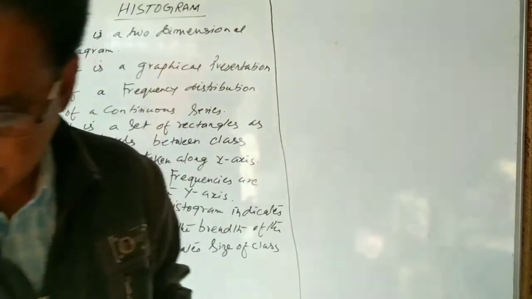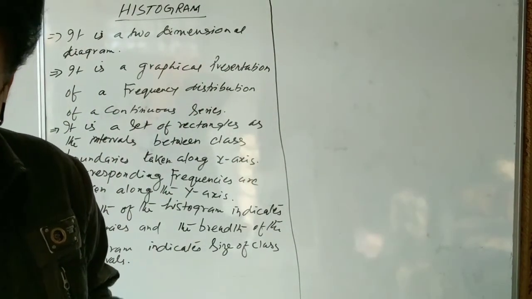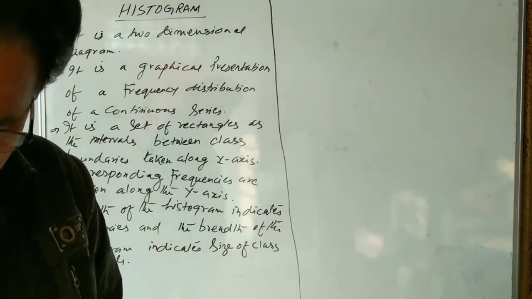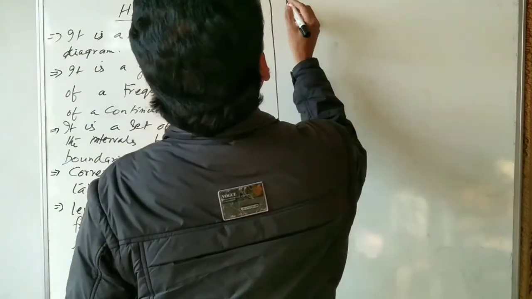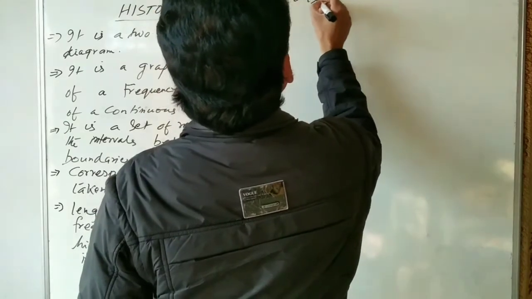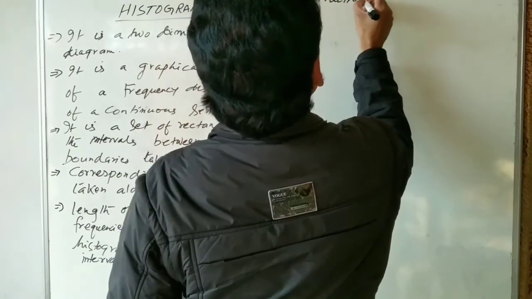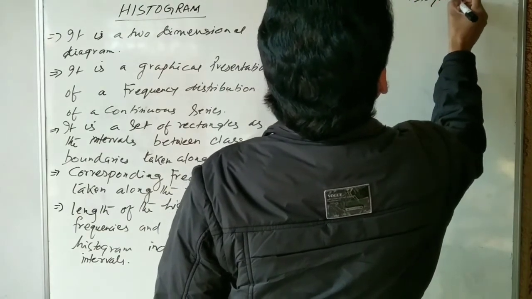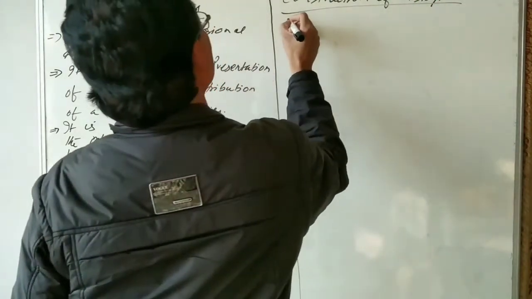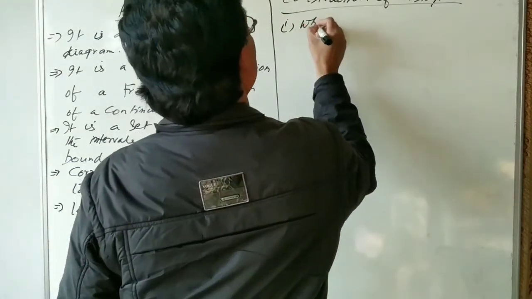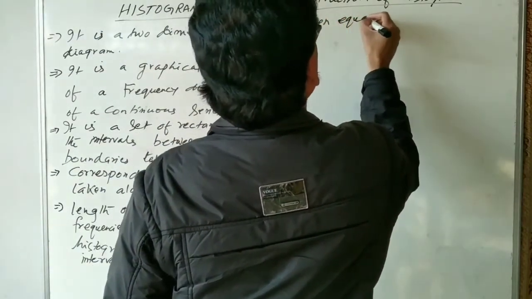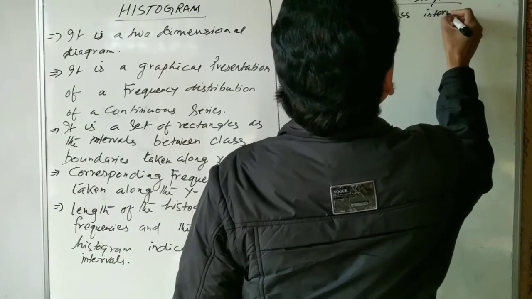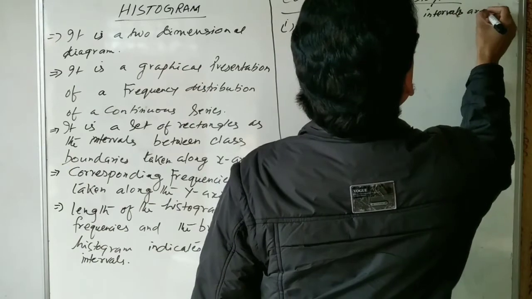In the construction of histogram, there are different cases. First case, let us see, when equal class intervals are given.